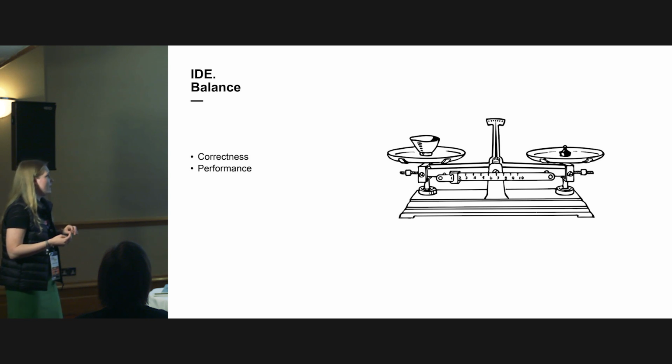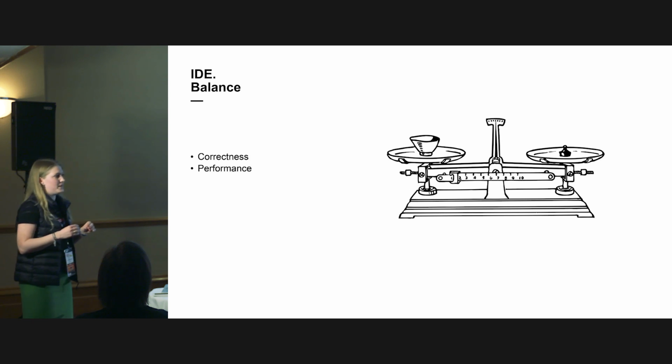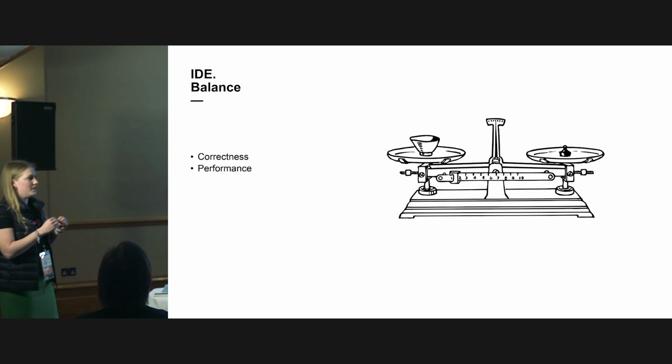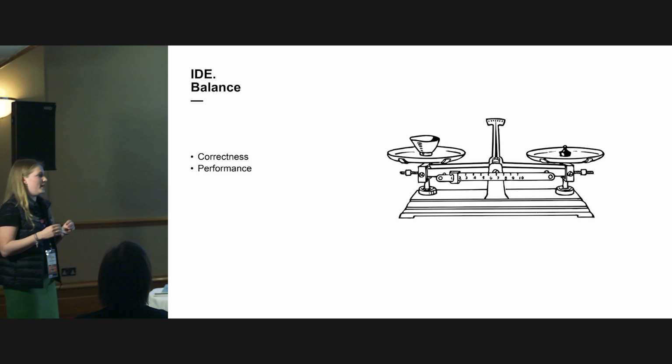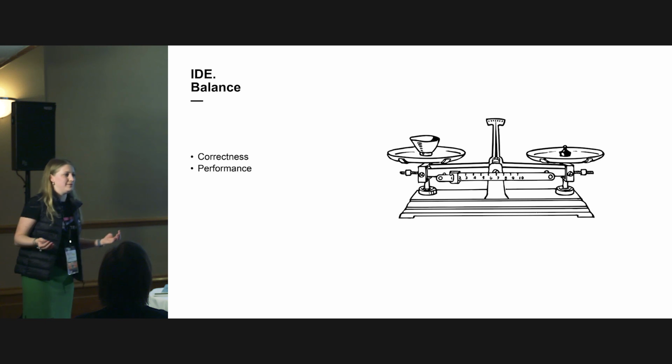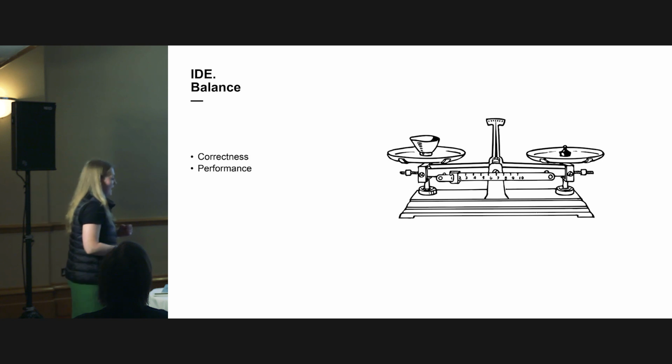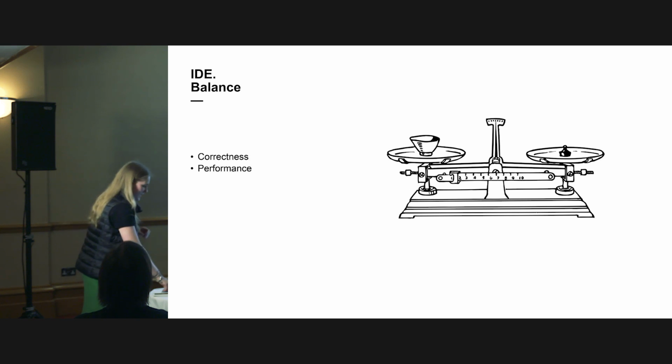For C++, this balance is sometimes very hard, because you could either provide a very correct tool that will be very slow and maybe not that smart, or a tool that is very quick but absolutely useless because it can't understand anything you write in C++. Finding a good balance is a tough question. This is the filter we have in our glasses when we're looking at the language. It is always in the background.